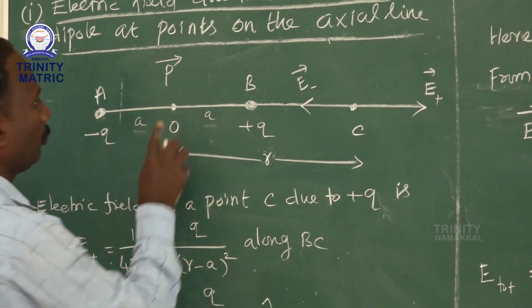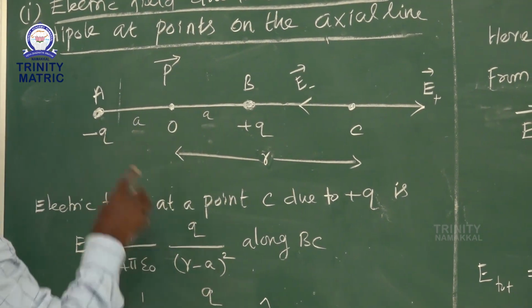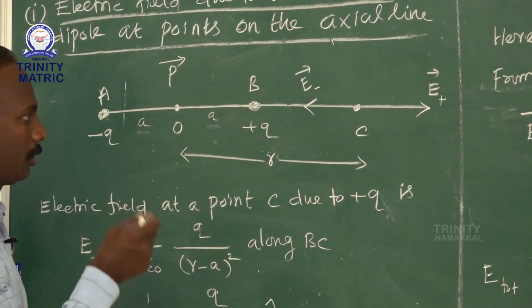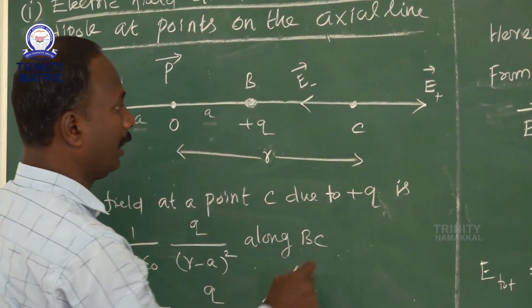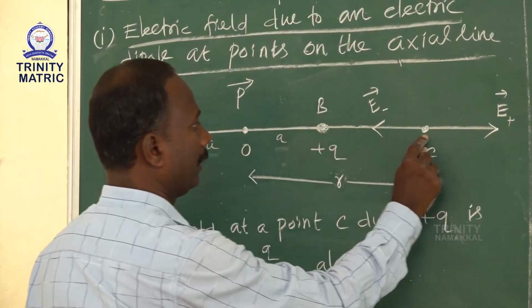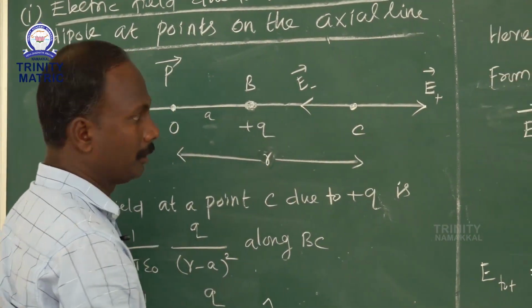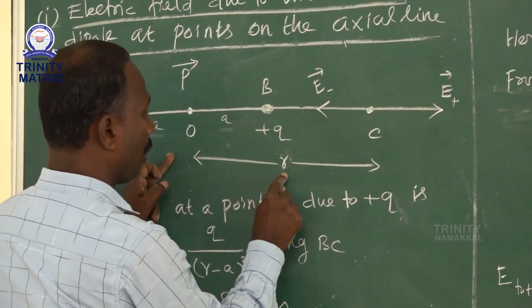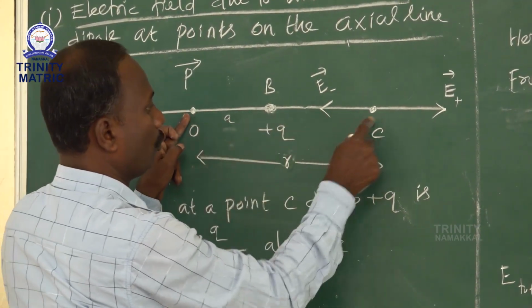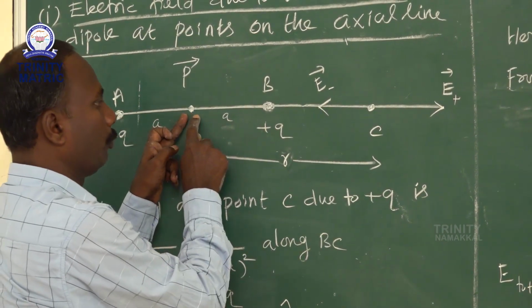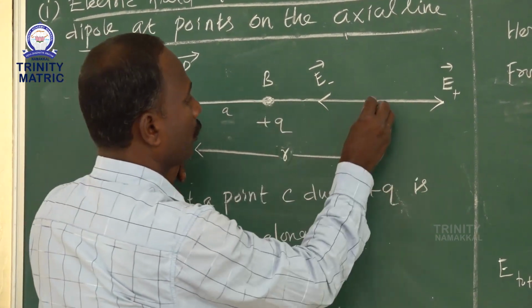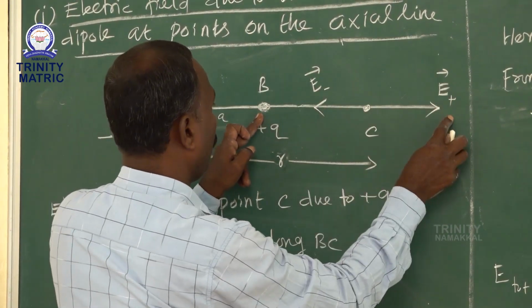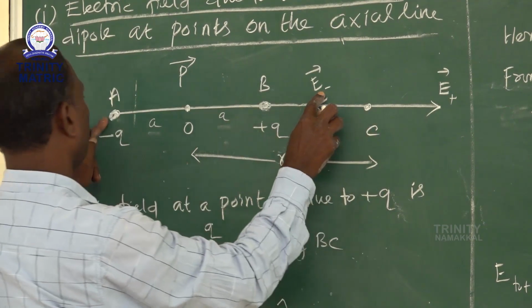So the dipole moment P acts along minus q to plus q. Now we want to calculate the electric field at the point C along the axial line. The point C is placed at a distance r from the origin O, the center of the dipole. So we want to calculate the electric field E due to plus q and the electric field E due to minus q.